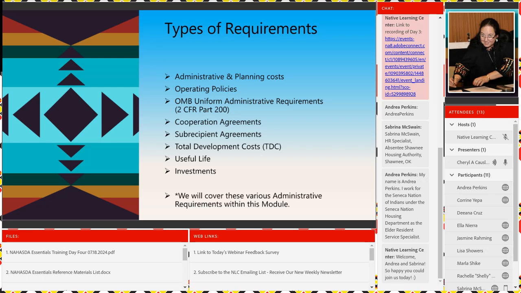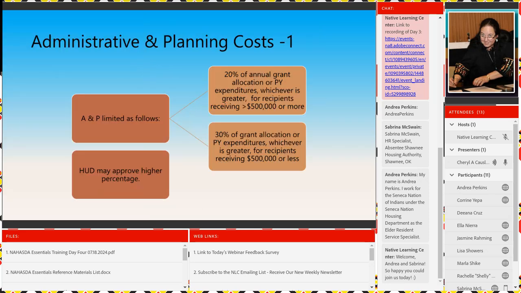You have to adhere to the total development cost when you build. You have to follow the useful life requirements. And if you're an investment tribe, there's a set of procedures that you have to follow also. We'll cover some of these various administrative requirements within this module.